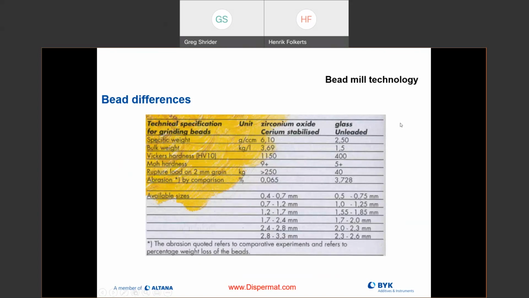So it's already a much heavier bead and giving you much better milling performance as a result. Okay, and also look at the hardness just here. Hardness is also almost 3 times as hard as a glass bead and much heavier, so you get much better performance.